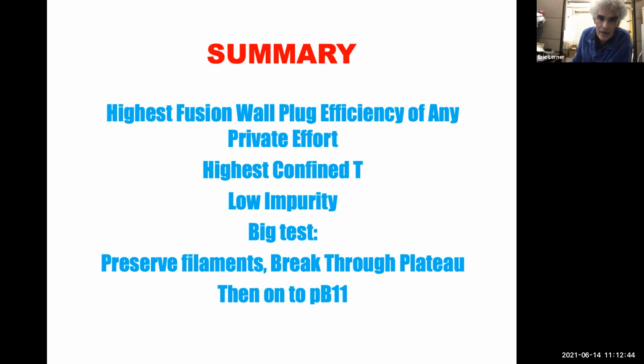And to summarize, right now, we have the highest fusion wall plug efficiency of any private effort. And I hope you guys will be checking into this claim. The highest confined T of any private fusion effort, the highest confined T of any fusion effort, very low impurity, and we're getting very close to a big test of breaking through the yield plateau and then going on to PB11.